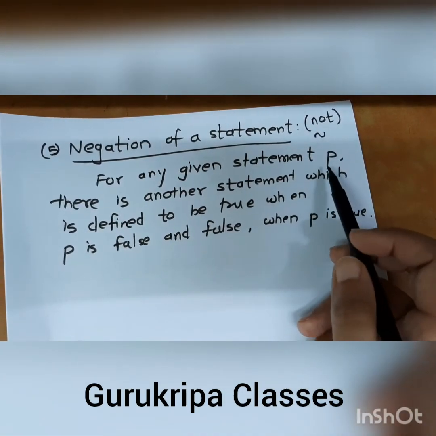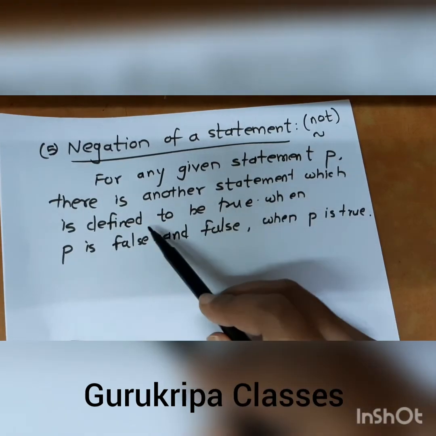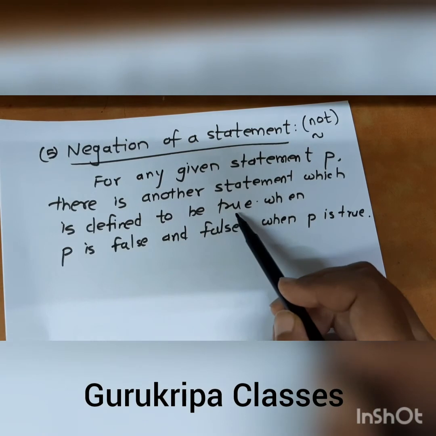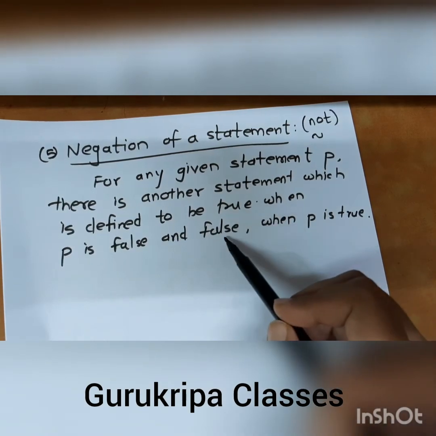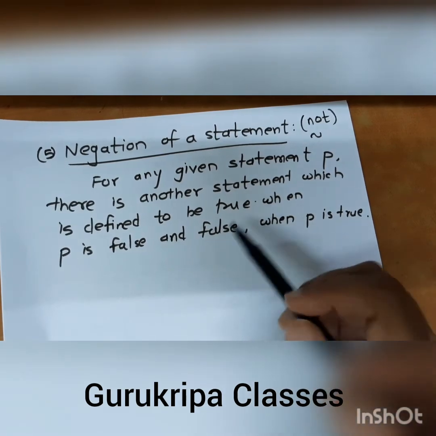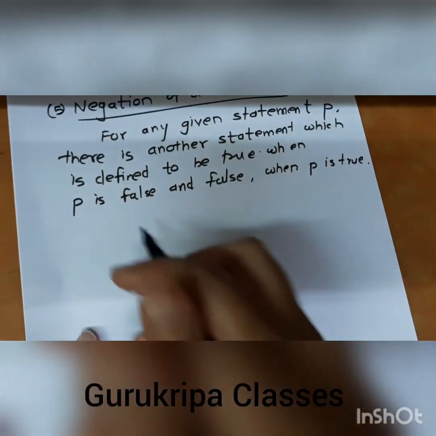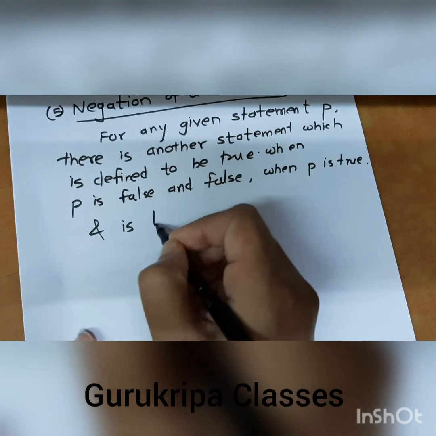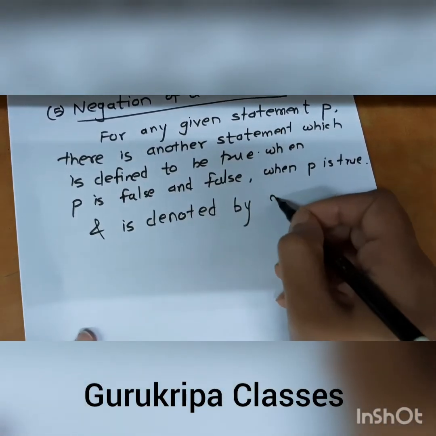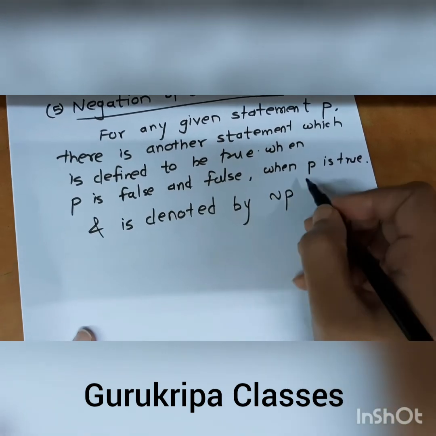So there is another statement which is defined to be true when P is false, and it is defined to be false when P is true, and it is denoted by negation P. The symbol will be here.